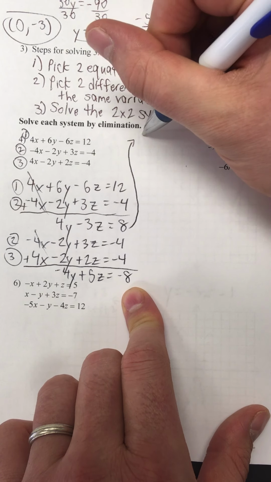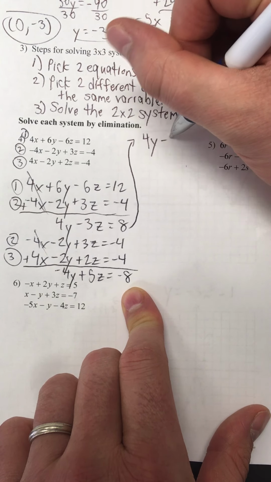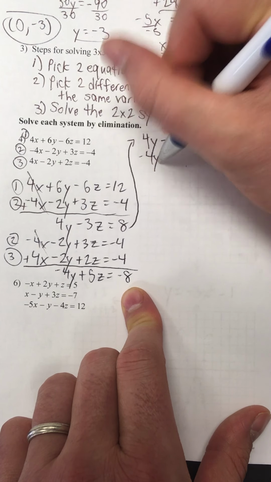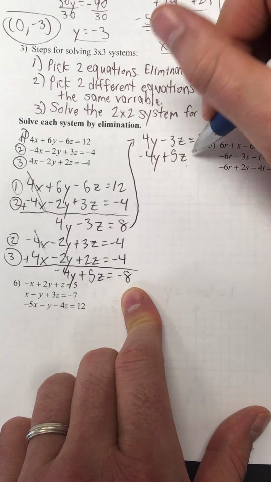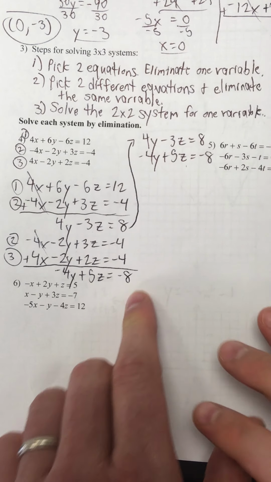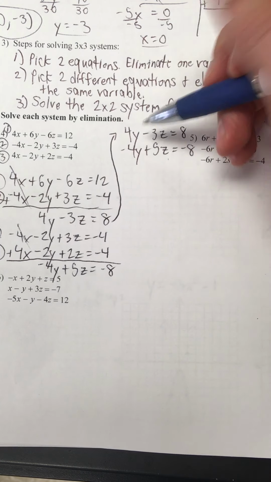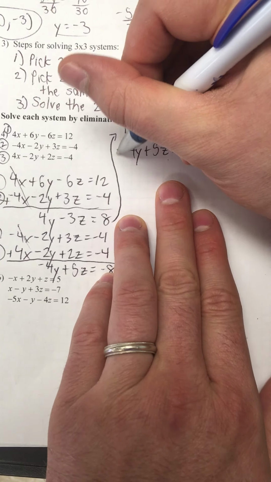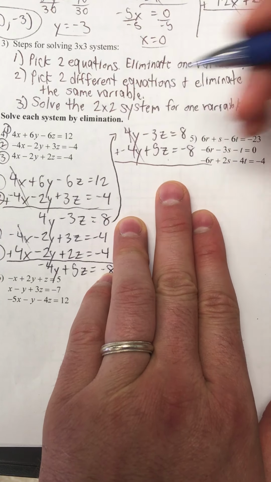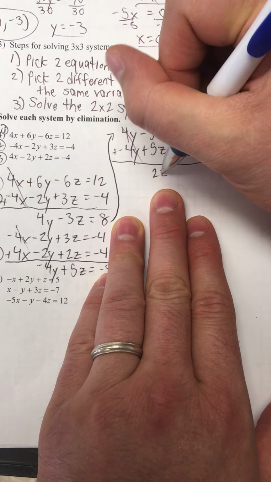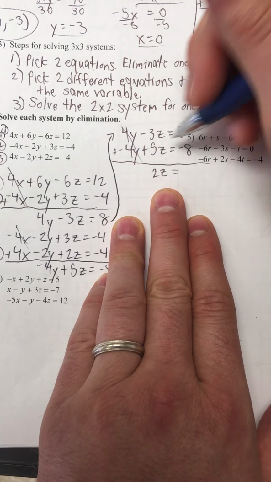We have 4y minus 3z equals 8. We have negative 4y plus 5z equals negative 8. So now I can solve that. I don't even have to distribute anything. Look, the y's cancel out. This one's nice. So let's just add these together, cancel out the y's. So negative 3z plus 5z is 2z equals 8 plus negative 8 is 0.